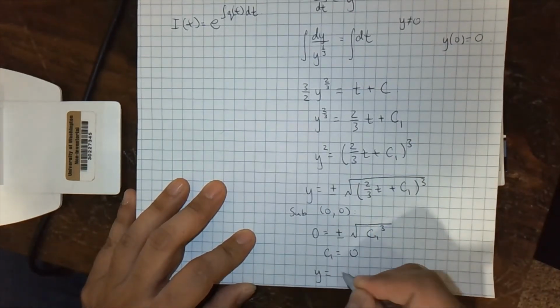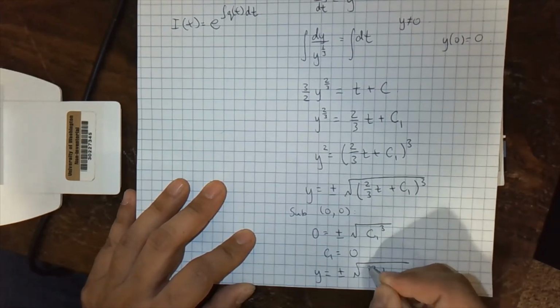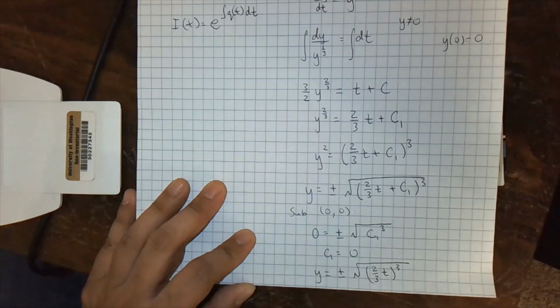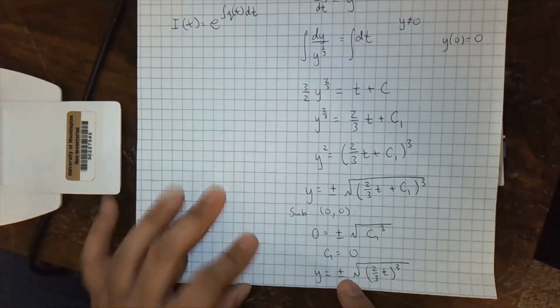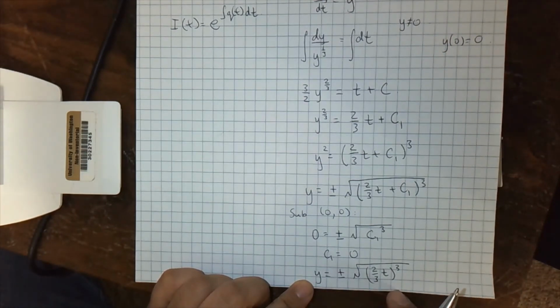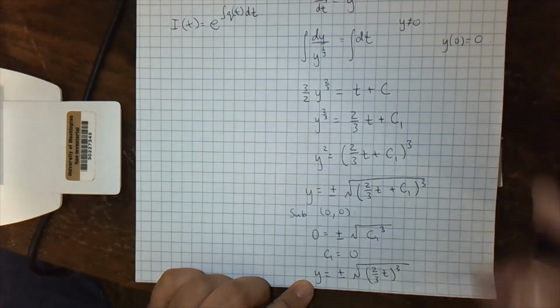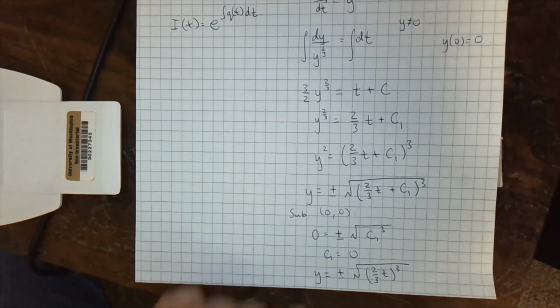I get y equals plus or minus the root of 2/3 t plus 0, cubed. And I haven't figured out if it's plus or minus. There was a problem a few lectures ago where the c value also took care of whether it was plus or minus, because I could replug the initial value in and then figure out which it was. Here I can't do that. If I plug this in, it still works. We get 0 equals 0 regardless of whether we take the plus or minus sign.